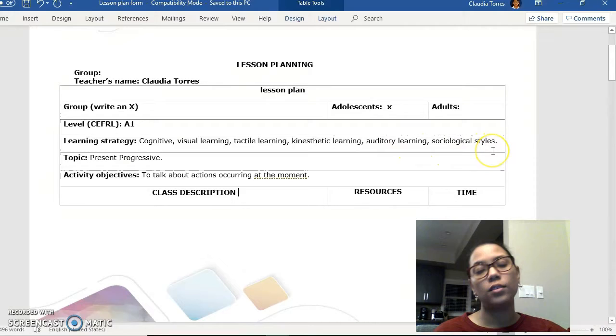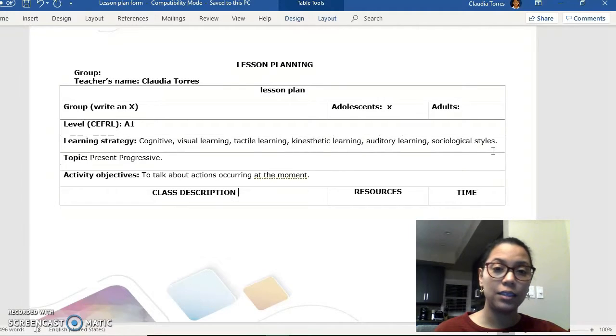Why sociological styles? Because sometimes during the class, I like the students to work together. Could be in pairs, could be in group, and some other times I prefer students to work by themselves, and so that's why I try to use the different sociological styles.